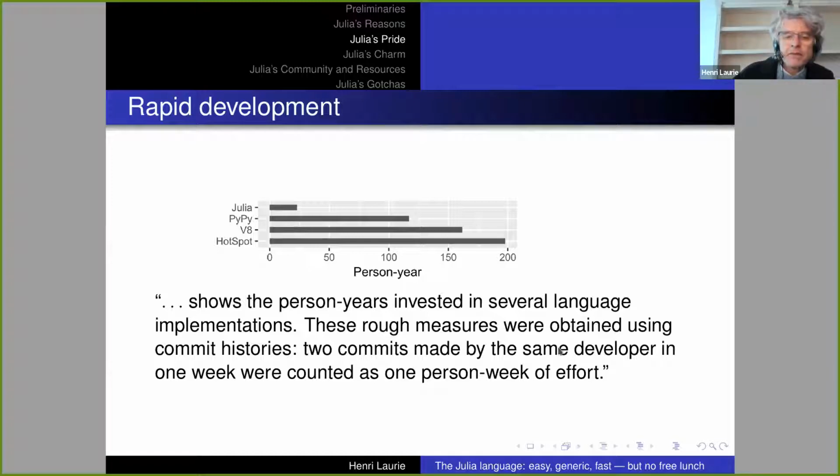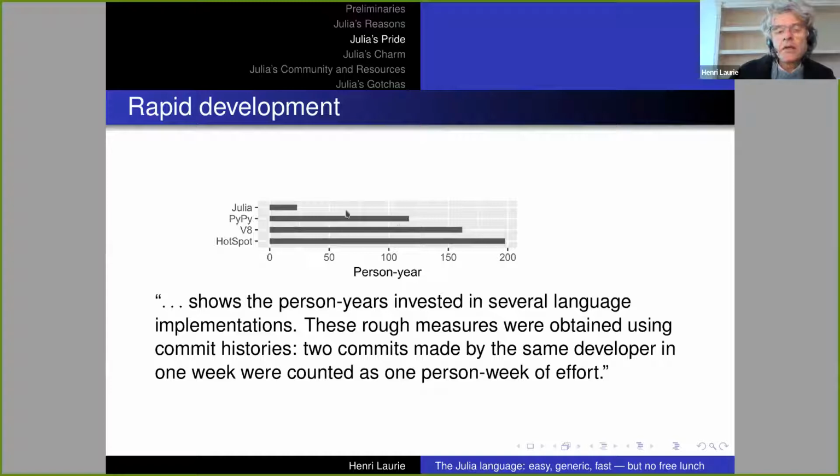So if the same developer made 2 commits in 1 week, that was 1 person week of effort. And in that context, Julia has taken less than 25 person years, whereas these other languages or implementations have had many, many more years of effort.